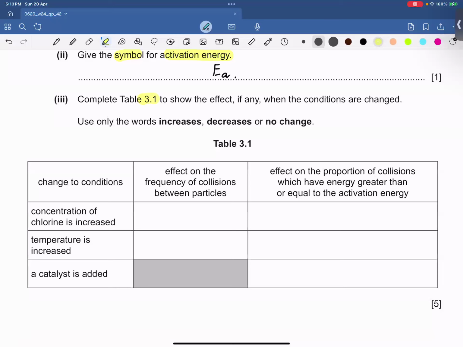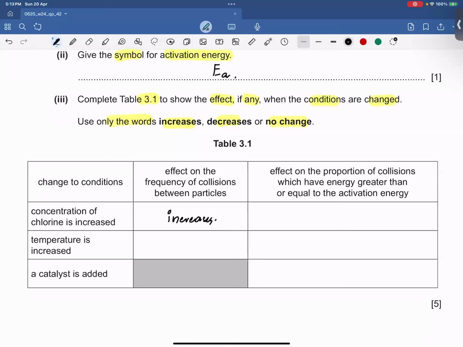Complete table 3.1 to show the effect, if any, when the conditions are changed. The words increases, decreases, or no change can be used. Okay, concentration of chlorine increases, so frequency of collision between particles increases.